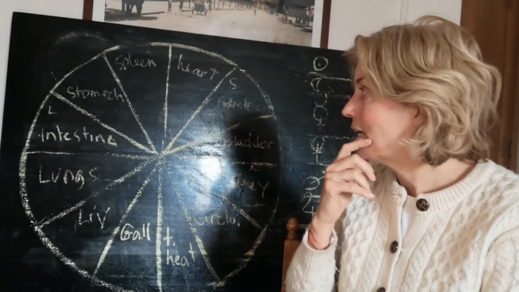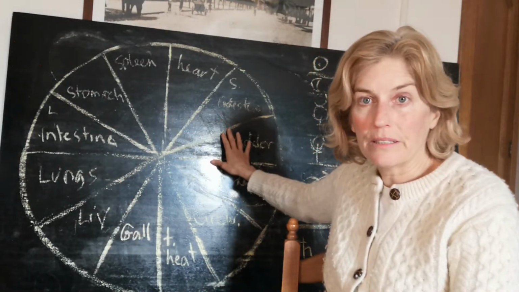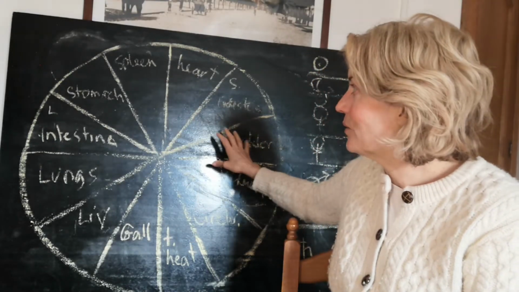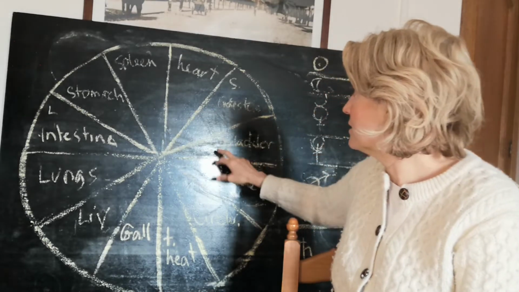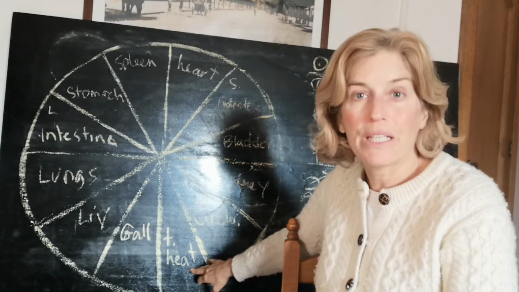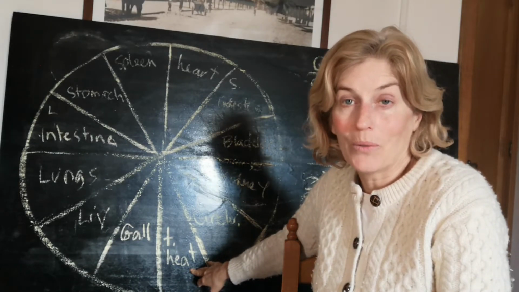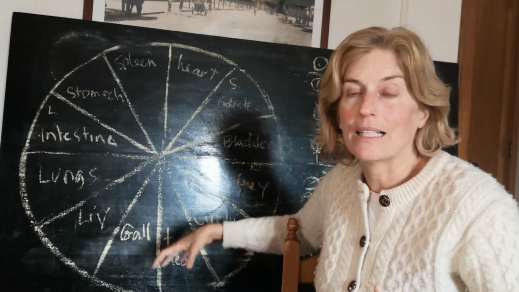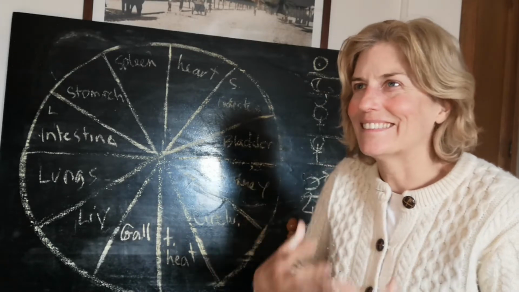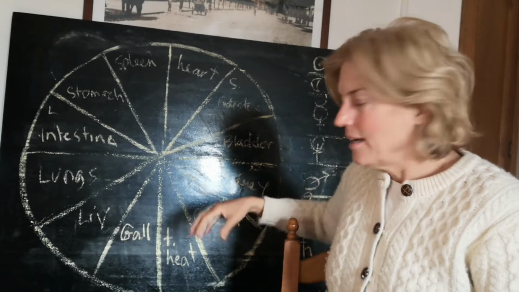You can Google that. And there are 12 components to this meridian wheel. Okay, it goes from spleen, heart, small intestine, bladder, kidney, circulation, something called the triple heater, which isn't quite an organ, but it works as an organ because it helps with all the moisture in your body and creating homeostasis.